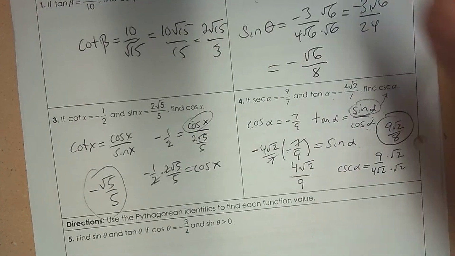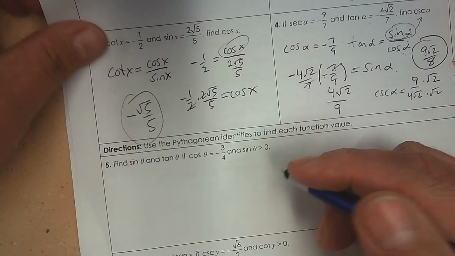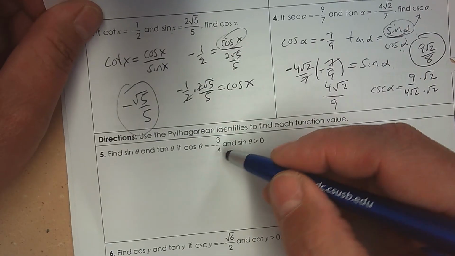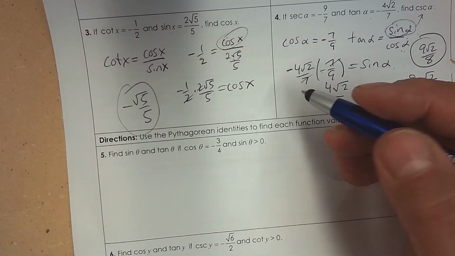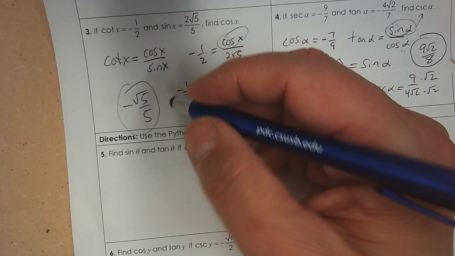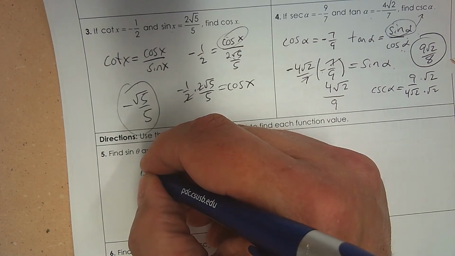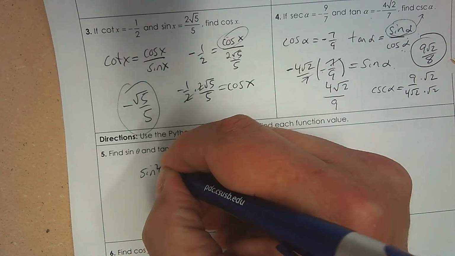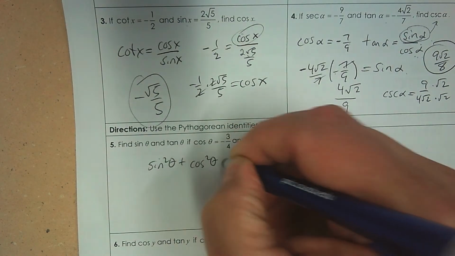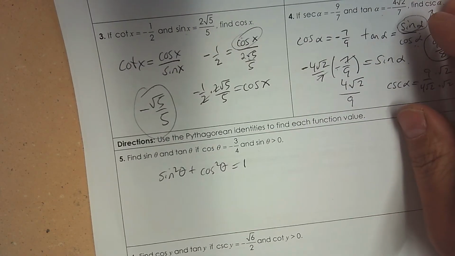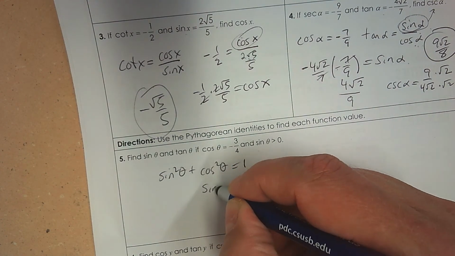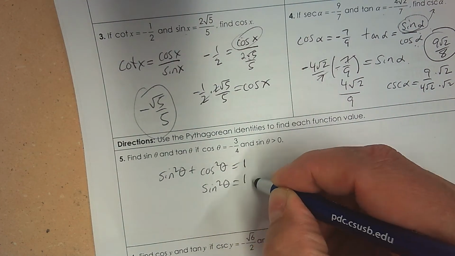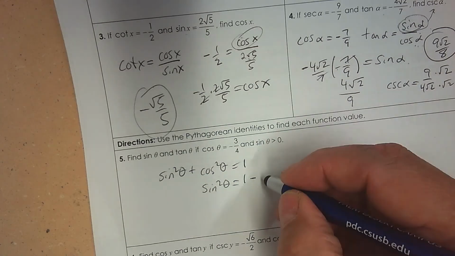Number 5, sine theta and tangent theta, if cosine theta is negative 3/4. So one of the identities we can use here that involves sine and cosine is that sine squared plus cosine squared is equal to 1. Now in this situation, to get sine squared by itself, you would subtract cosine squared, and then you'd plug it in.